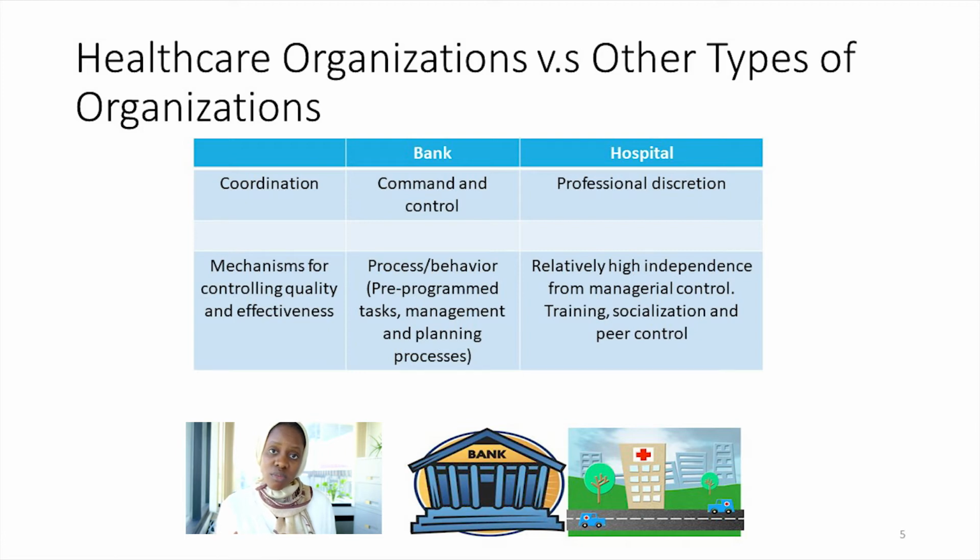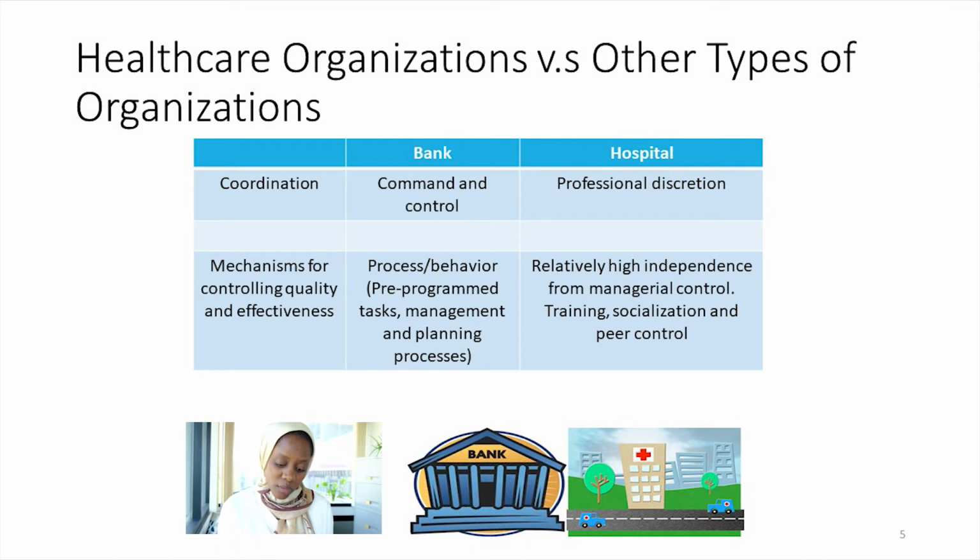All of this is used for ensuring that the products of the work or the services are of good quality. In contrast, in the hospital, which is a professional organization, the coordination of work is largely left to professionals because they're autonomous. So coordination of work relies mostly on professional discretion rather than downward commands of orders coming from the hierarchy.